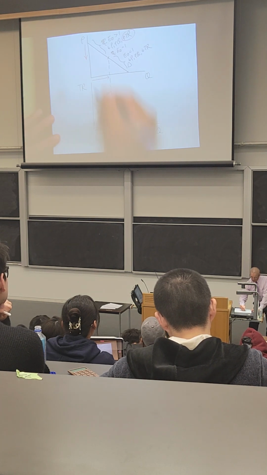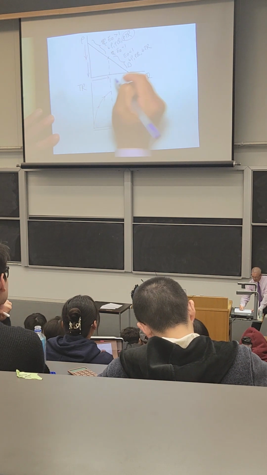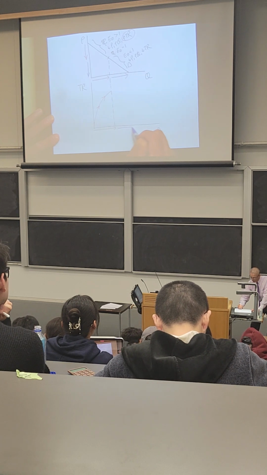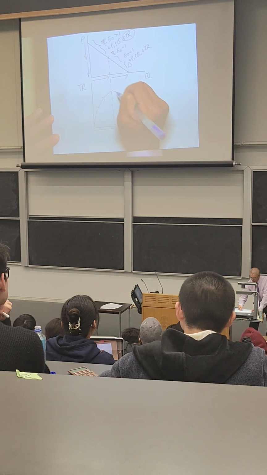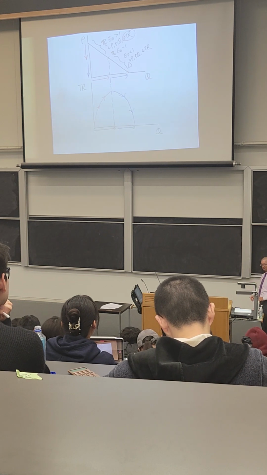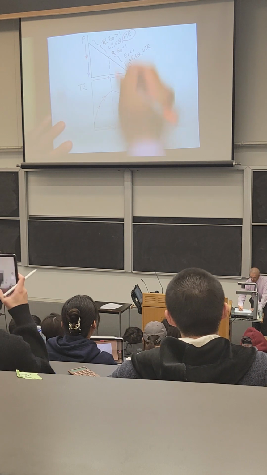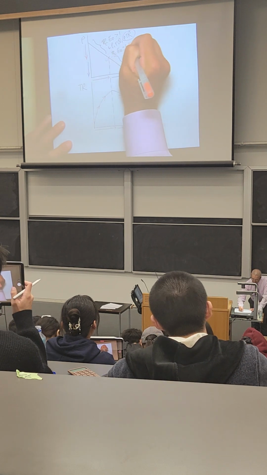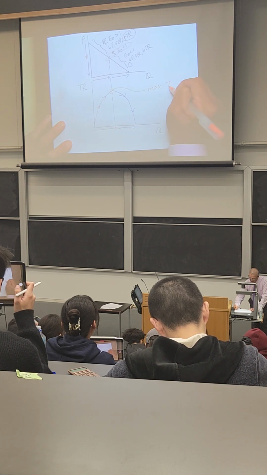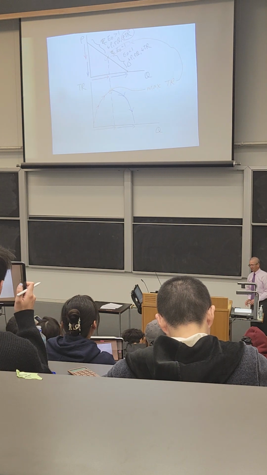But in the lower portion, if we continue to lower the price, we can still sell more units. But as we sell more units, total revenue drops. And therefore, this is the turning point where we get the maximum total revenue, when demand is unit elastic.